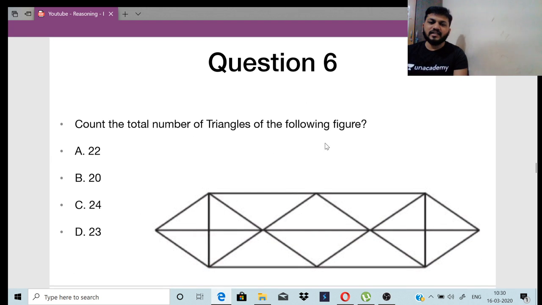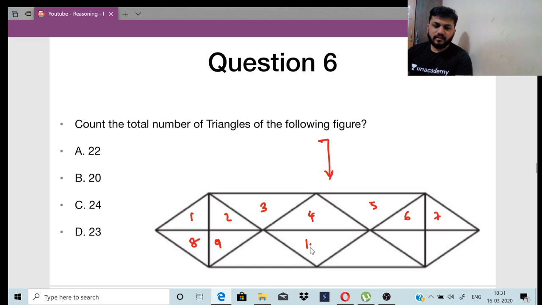How many triangles are there in the following figure? Count the number of triangles in the following figure and tell me. I'll count along with you. 1, 2, 3, 4, 5, 6, 7, 8, 9, 10, 11, 12, 13, 14. 14 triangles done.